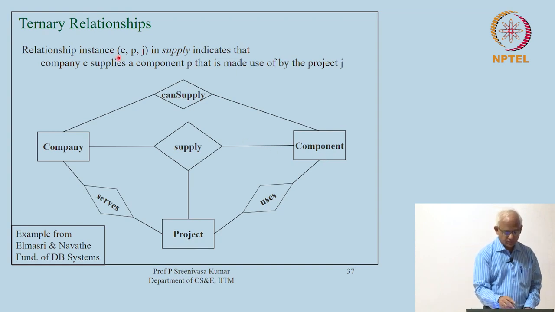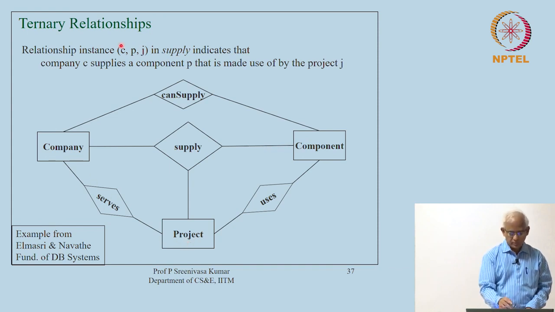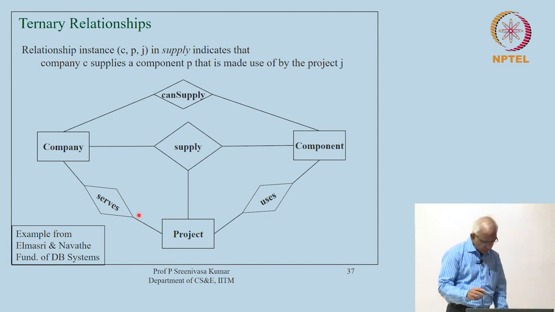And in a similar way, CJ would exist in serves. So, the presence of CPJ would imply the presence of certain things in the binary relationships, but the other way around may not always be true.